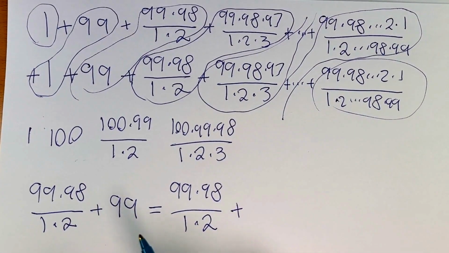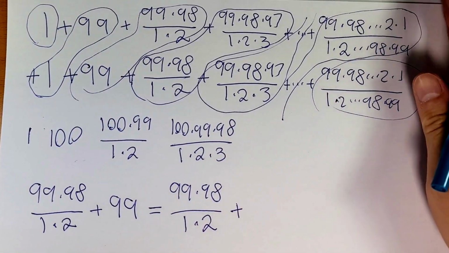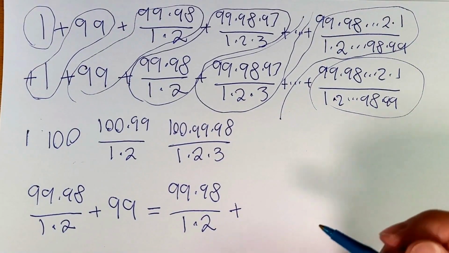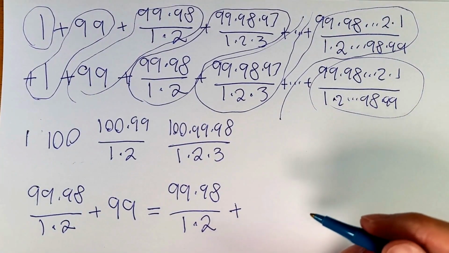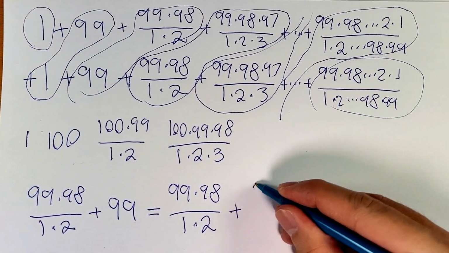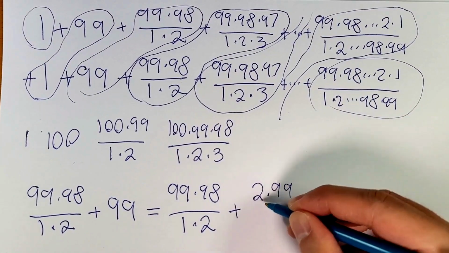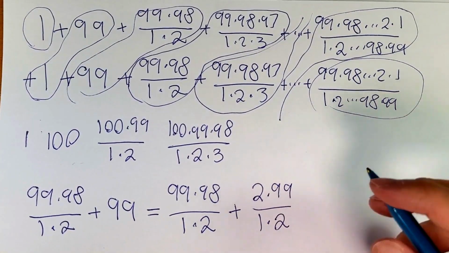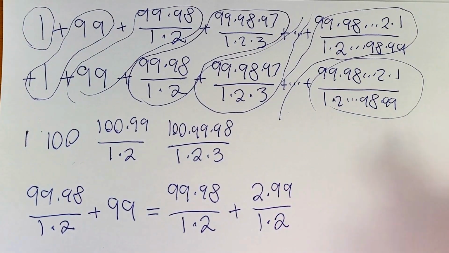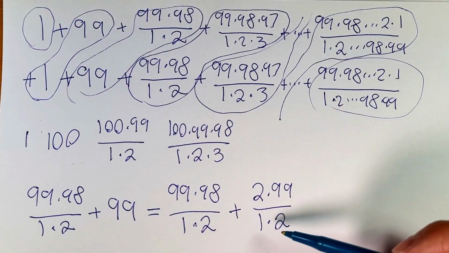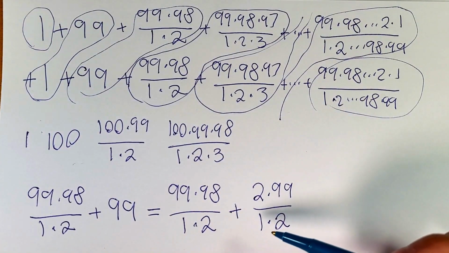So notice that 99 equals 99 over 1. So we can write that as a fraction. And thinking of that fraction, we can multiply both the numerator and the denominator by 2 to get 2 times 99 over 1 times 2. So the next step is to add these fractions because now the denominators of both are the same.